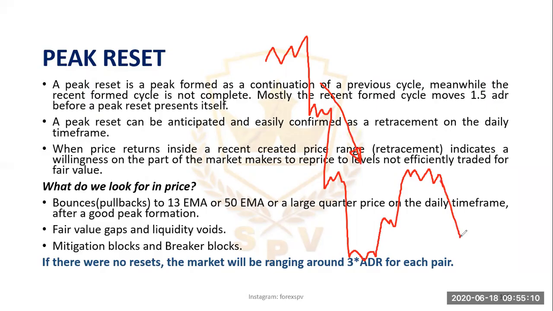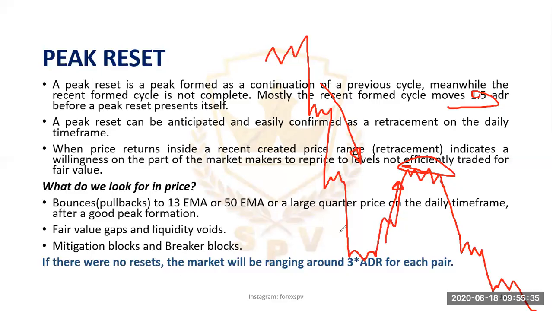And you see another 3 levels going down. Now this is what we call a peak reset. So a peak reset is a peak formed as a continuation of a previous cycle, meanwhile the recent cycle is not complete. So this newly formed cycle here will be moving around 1.5 ADR, and then the peak reset presents itself.